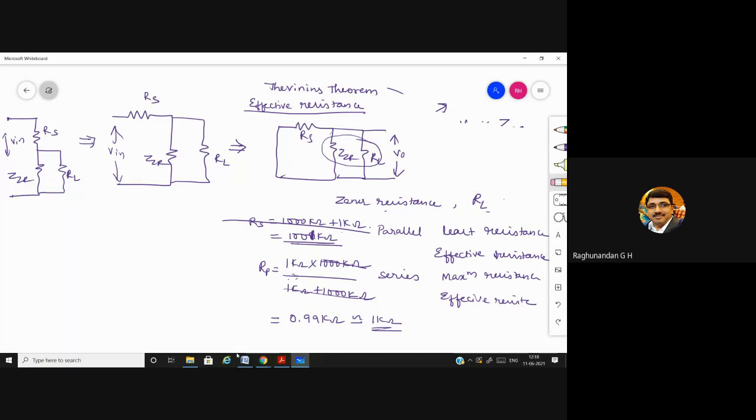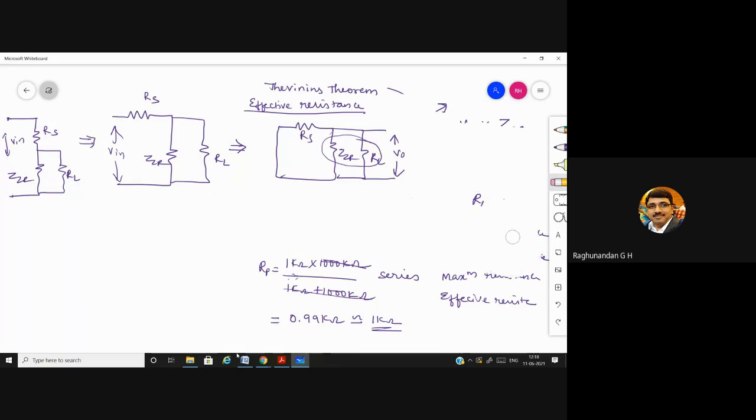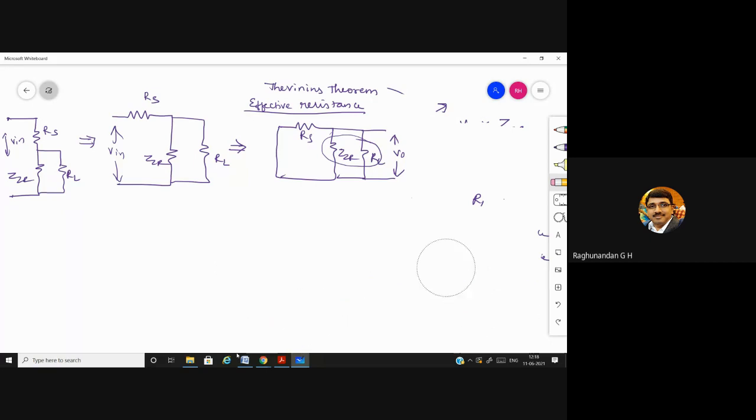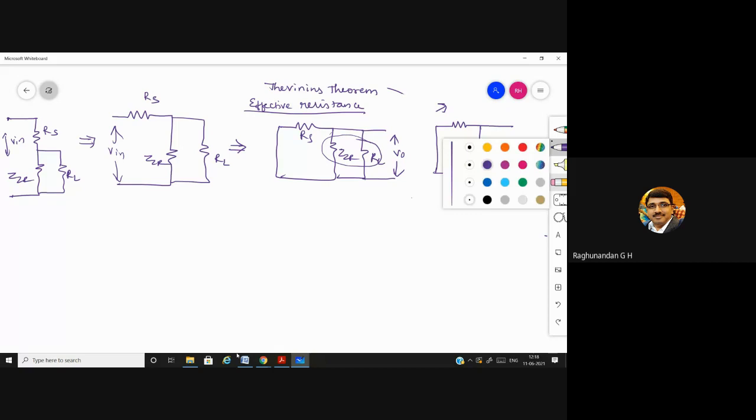what we can do is we can just ignore the load resistance value and we can write the circuit. So now the circuit becomes, in the next step, ZZR.